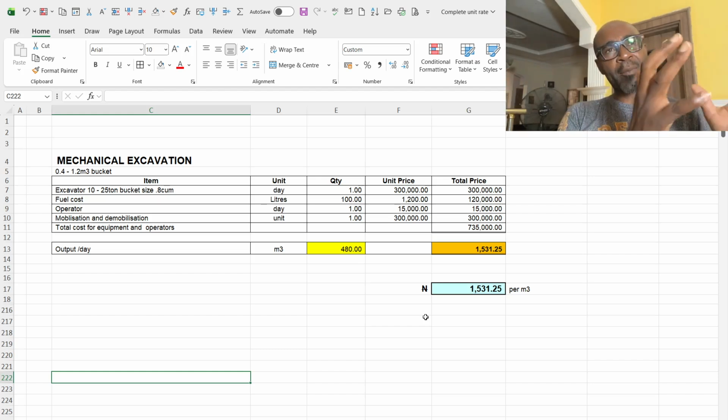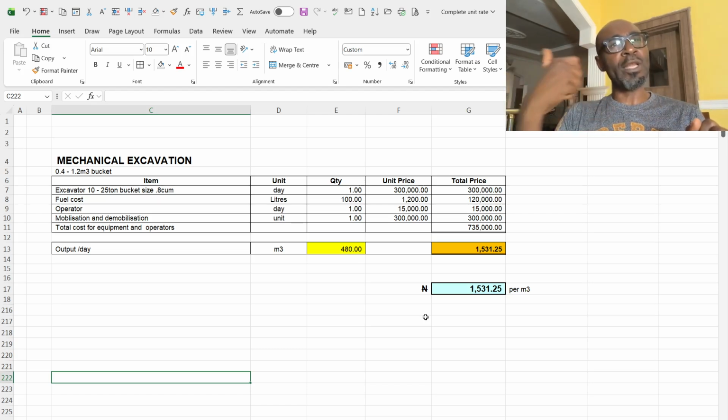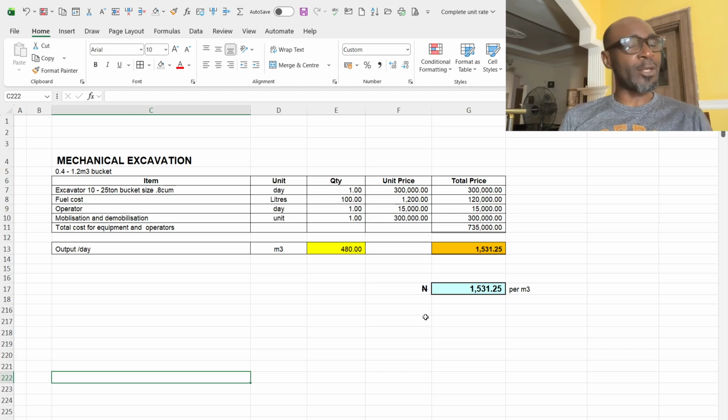So there are buckets that are 0.4 cubic meter, ones that are 0.6, and ones that are 0.8 up to 1.2. Whether the bucket that comes to the site is a 1.2 volume bucket or an 0.8 volume bucket will also determine how fast that excavation will be achieved.